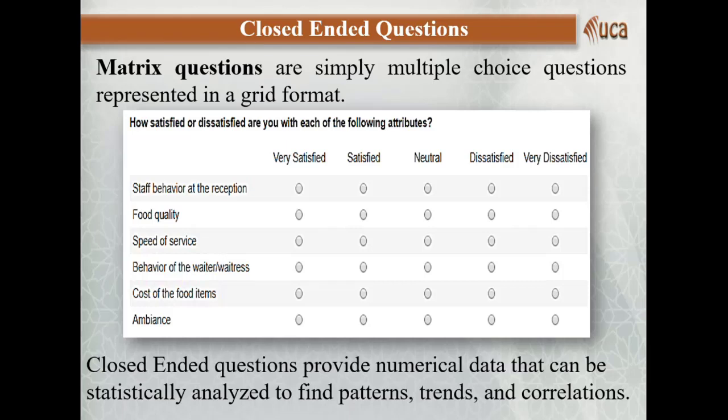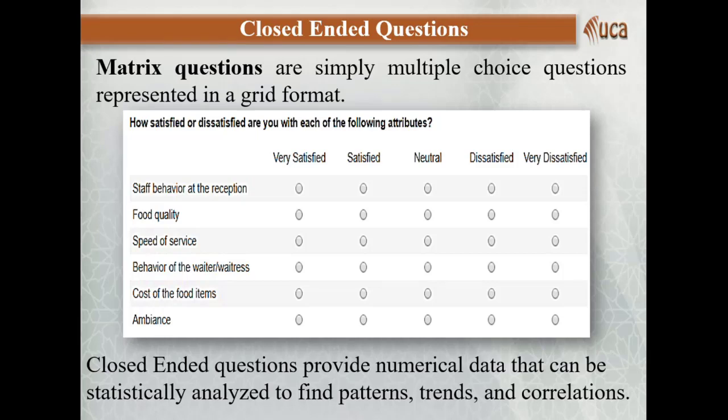Matrix questions, for example, are multiple choice questions with different statements. We've got the example here from a hotel, and the customer is asked to express his or her satisfaction concerning food quality, the staff behavior, and the cost also of food and other things.